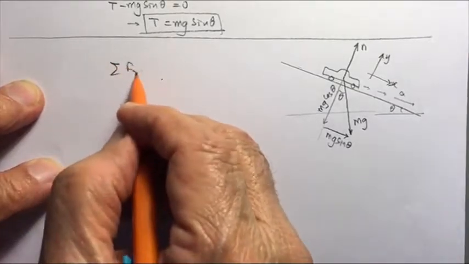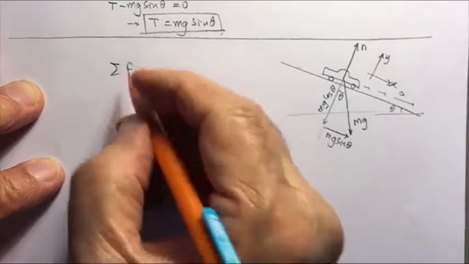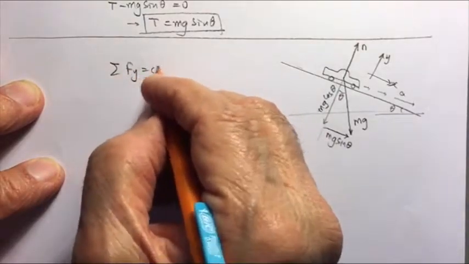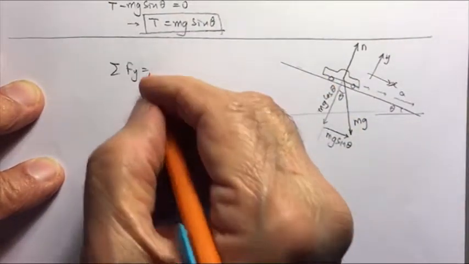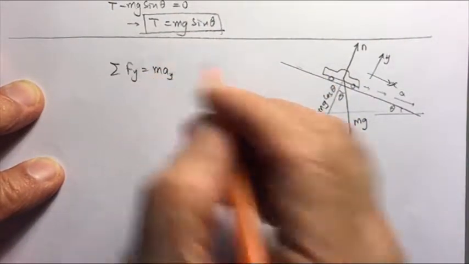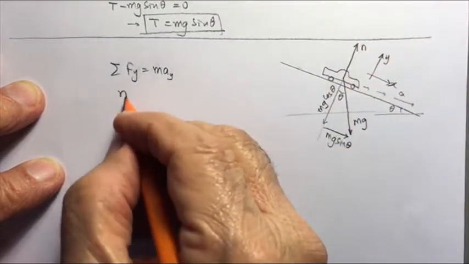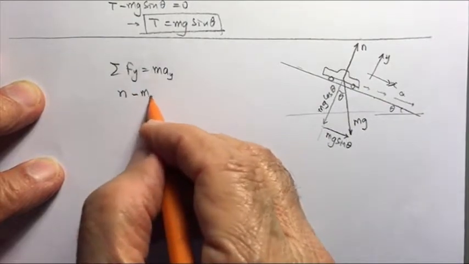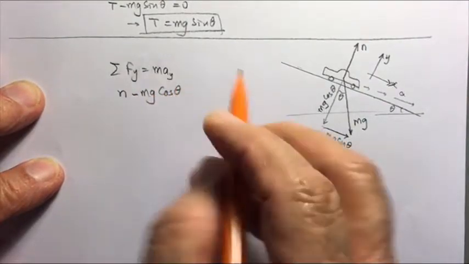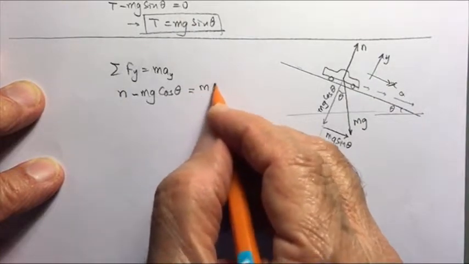Now we write sum of forces in the x direction. Well, let's first have the y direction. Fy equals 0. Well, no, how do we know it's 0? It's ma in the y direction. So the forces in the y direction are the normal force and mg cos theta, and these are the only two forces, and they equal may.